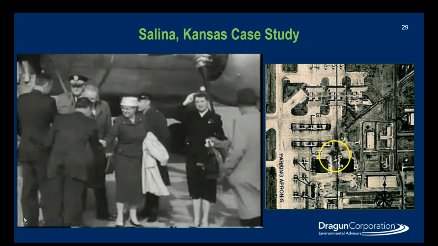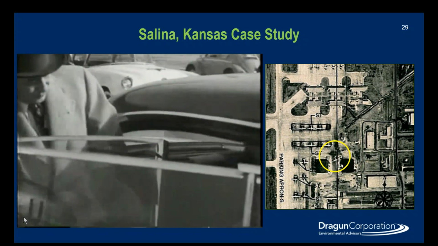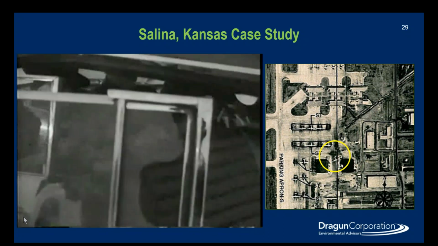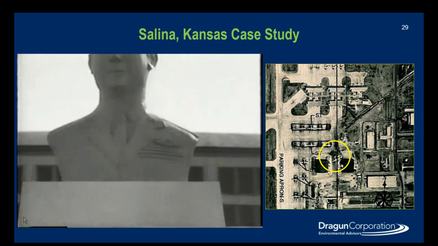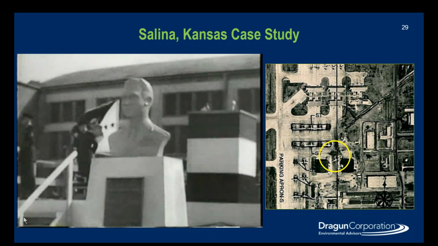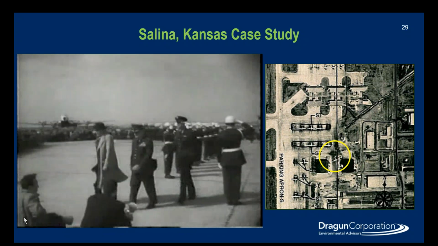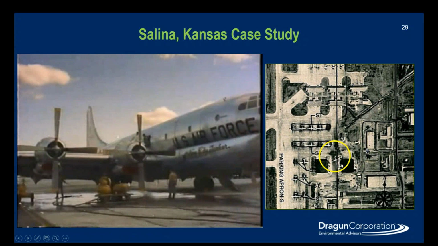One of the things that they did, and you're going to see it at the very end, is they washed the planes with brushes and power washers, and basically let the TCE, trichloroethylene, just roll off the pavement and into the drainage system and into the groundwater.